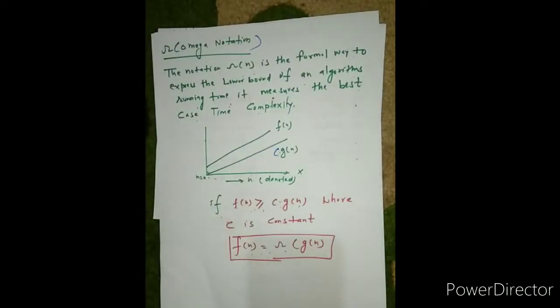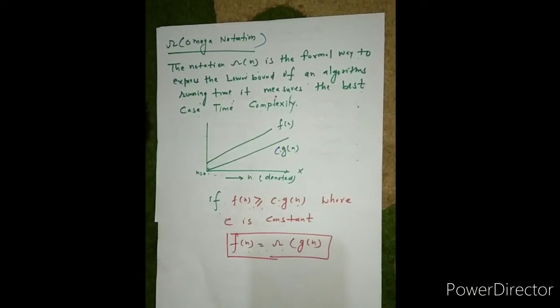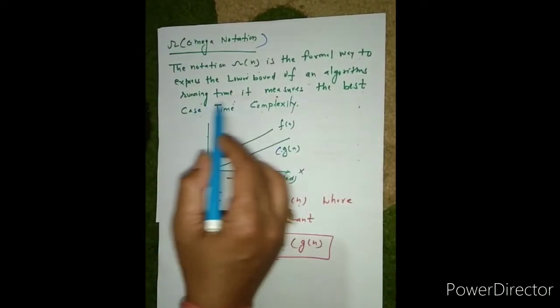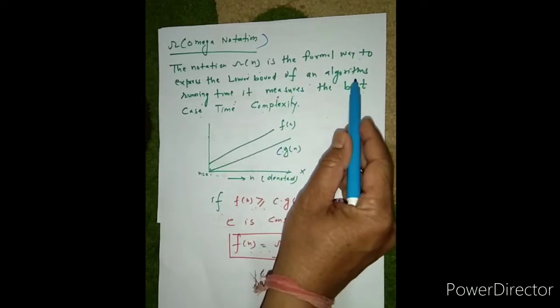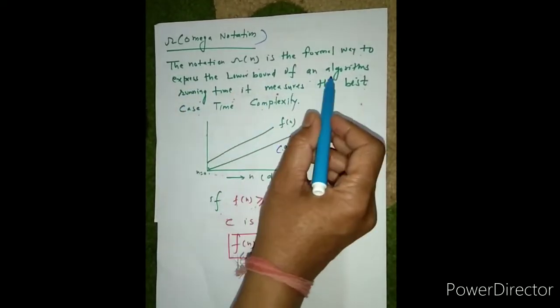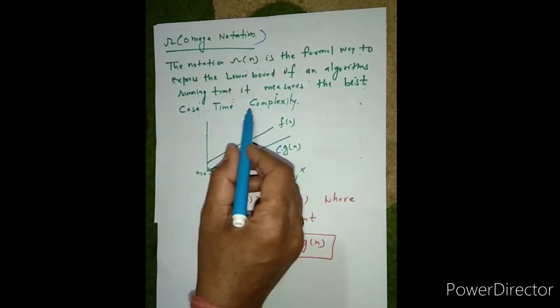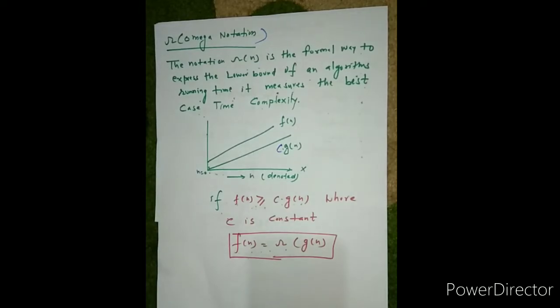The second is omega notation. Omega notation is the formal way to express the lower bound of an algorithm's running time. It measures the best case time complexity.